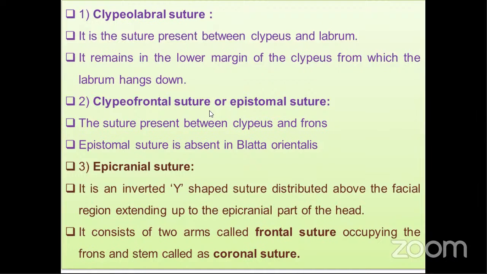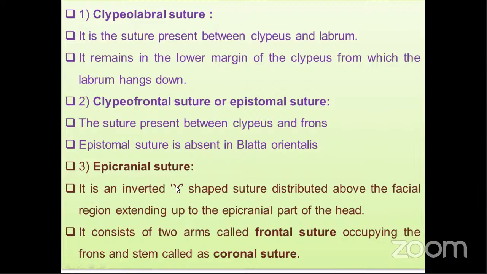Next, the third one, epicranial suture. It is an inverted Y-shaped suture, distributed above the facial region. You can see here the main stem and the lateral parts.